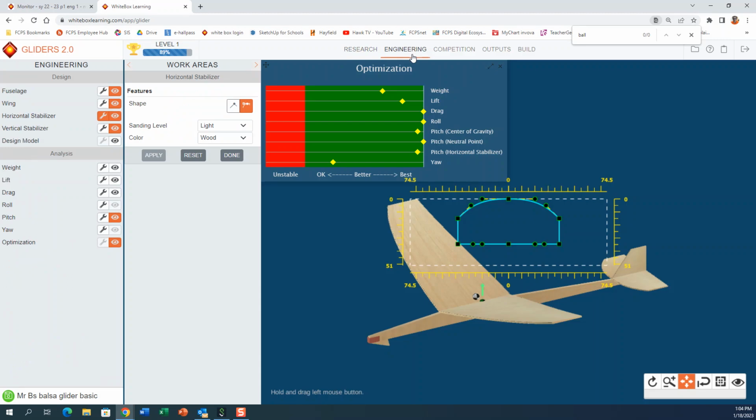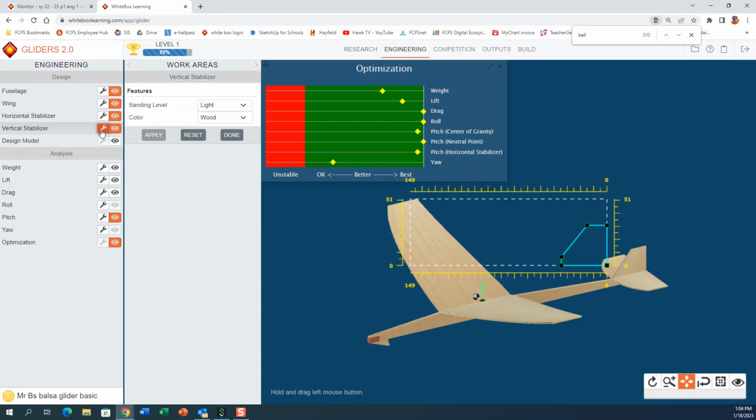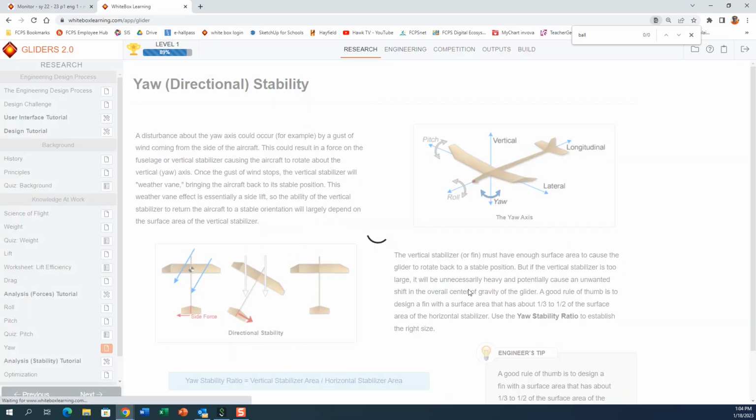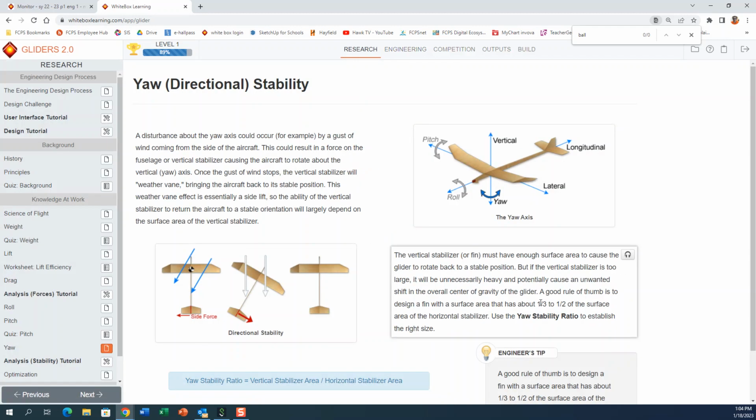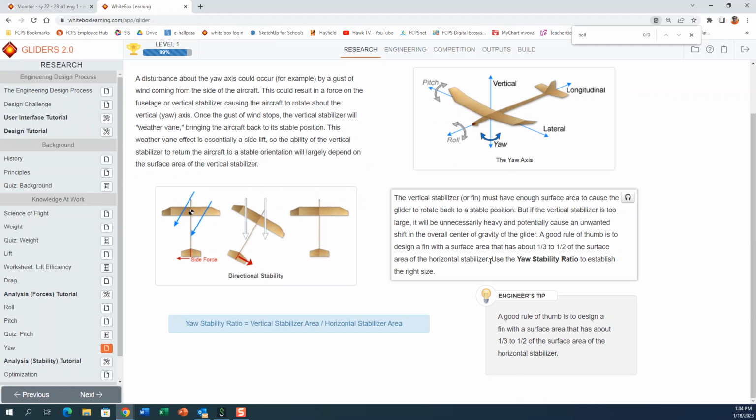All right. So we come over here and we're going to go to our vertical stabilizer. Just click on the toolbar. All right. And let's go ahead and turn this on too. All right. So right now it is telling us, see this right here? It was talking about the vertical and the horizontal stabilizer. We want the ratio between the size of them to be between 1/3 to 1/2.